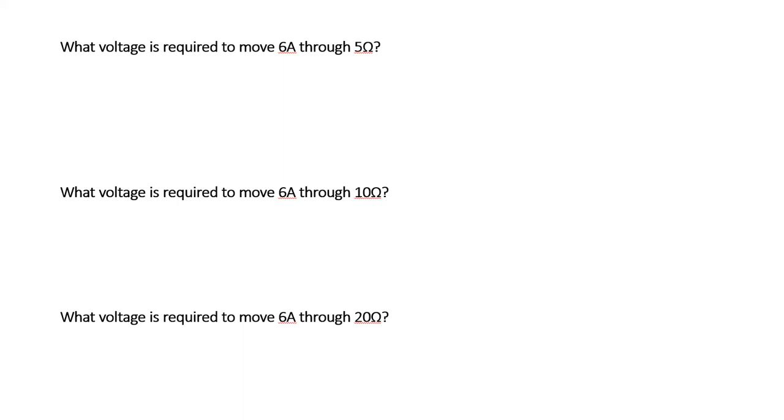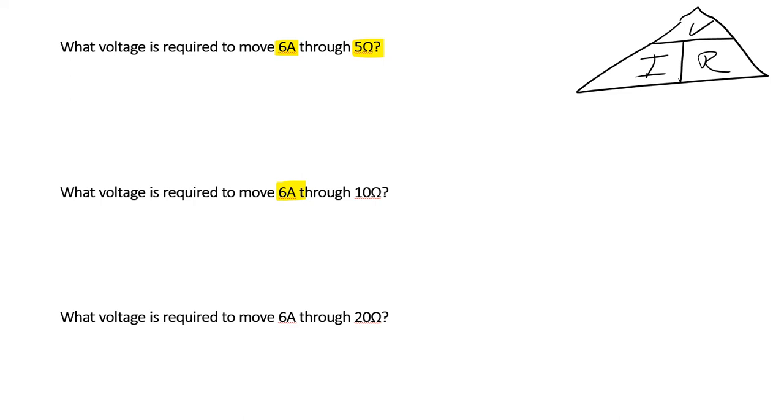All right, sort of the same circuit. We're going to do the same exact thing. I know this might be getting a little boring, but please bear with me and follow along. I got my circuit here. I'm looking for voltage, and I have amps and resistance. My amps are being multiplied by my resistance.